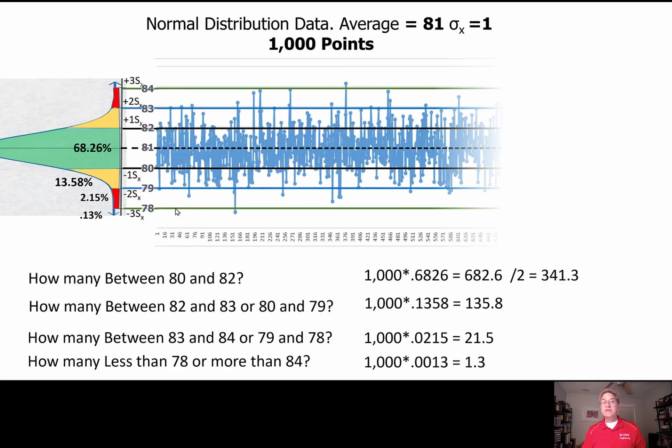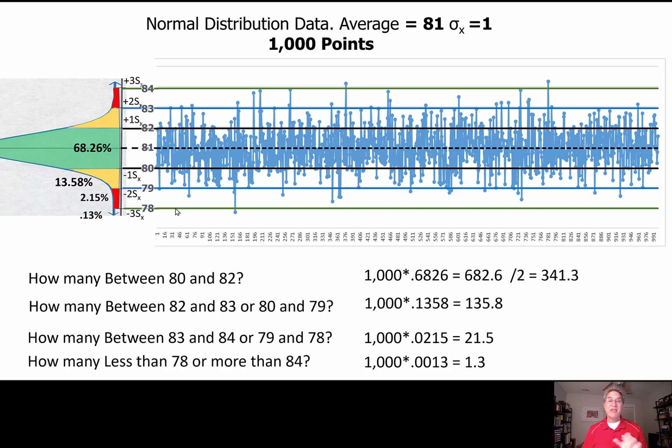So here's the actual graph. Like I said, 1,000 is a bunch of points. But let's check some of these. We're supposed to have 21 between 78 and 79. Let's check it out. 1, 2, 3, 4, 5, 6, 7. I think there's another one. 8, 9, 10, 11, 12, 13, 14, maybe 15, 16, 17, 18, 19, 20.